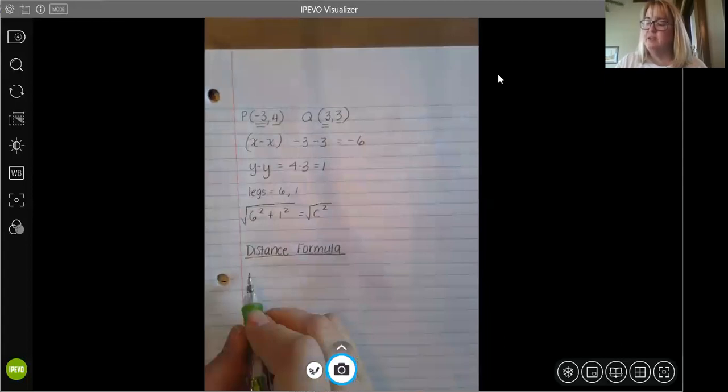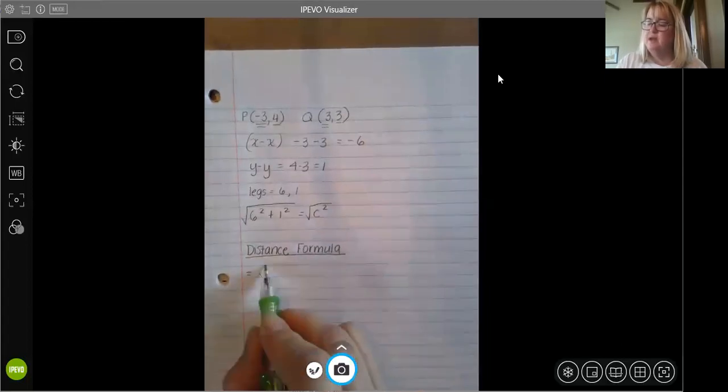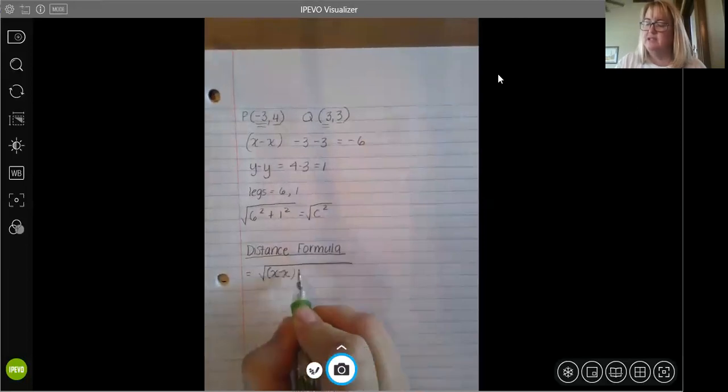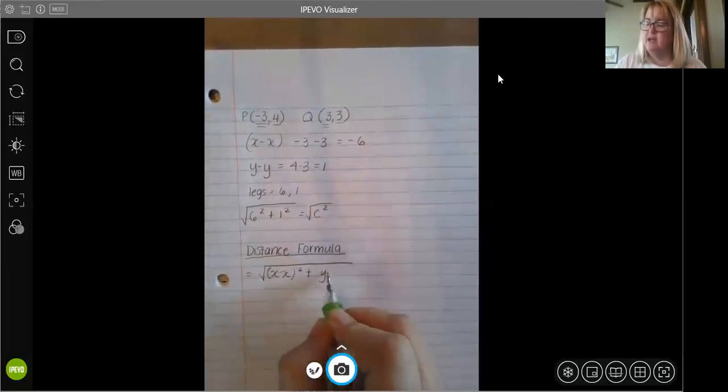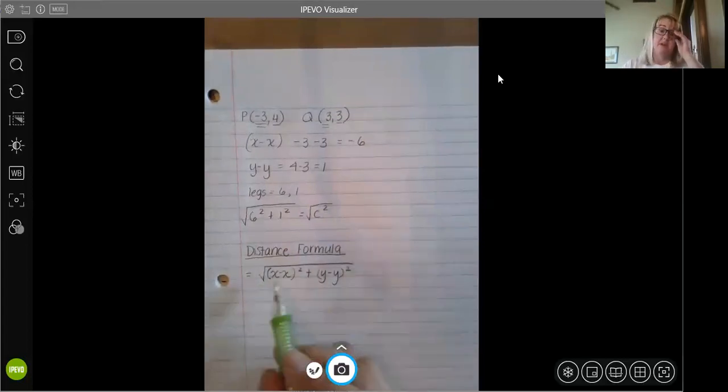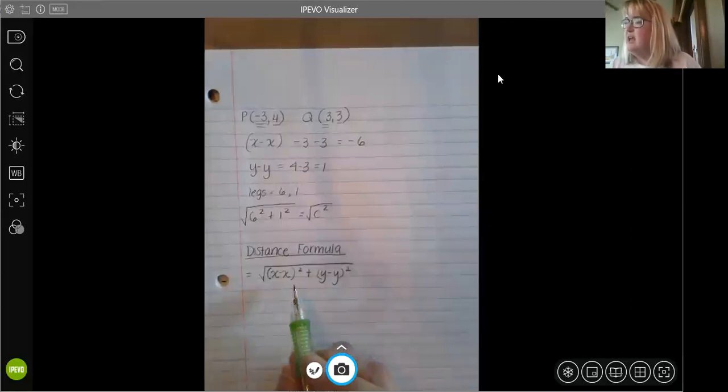But the distance formula is a square root of x minus x squared plus y minus y squared. So you subtract the x's, square your answer, subtract your y's, square your answer, add them together, and then find the square root.